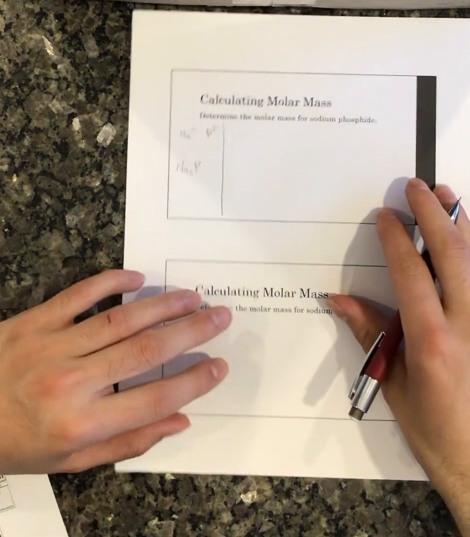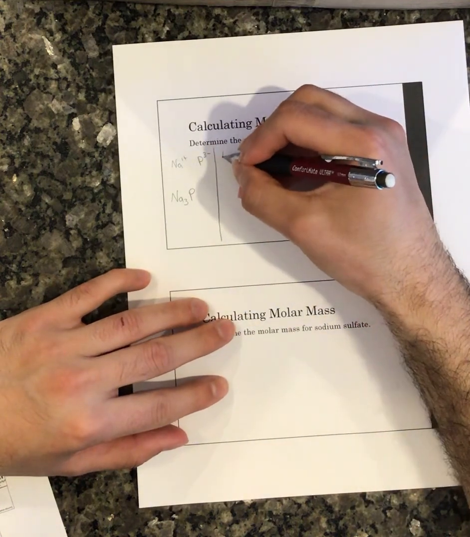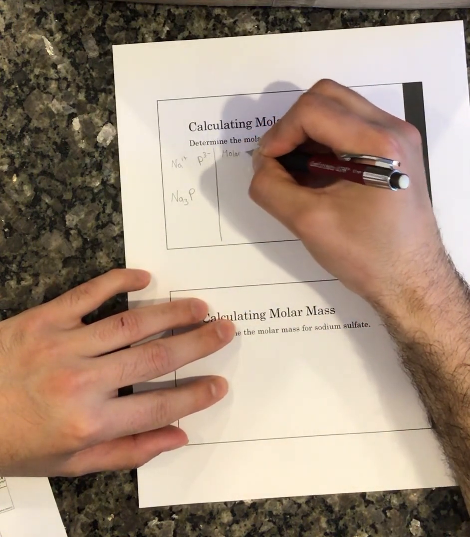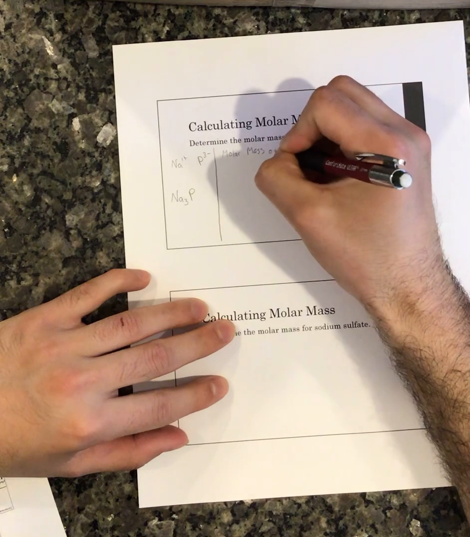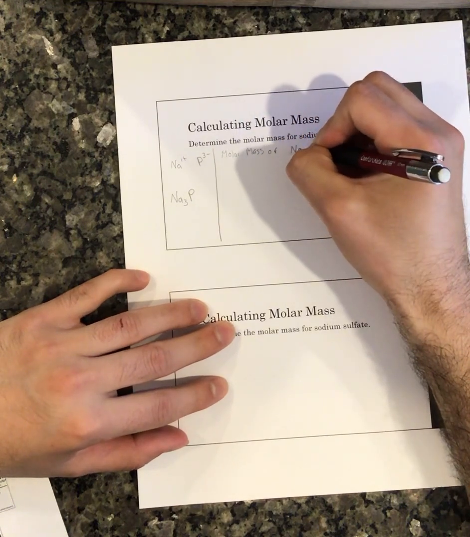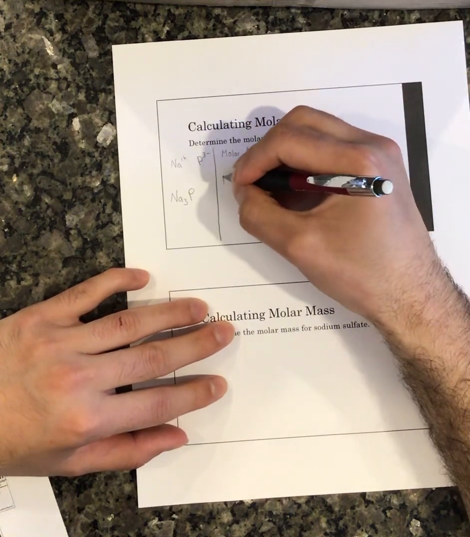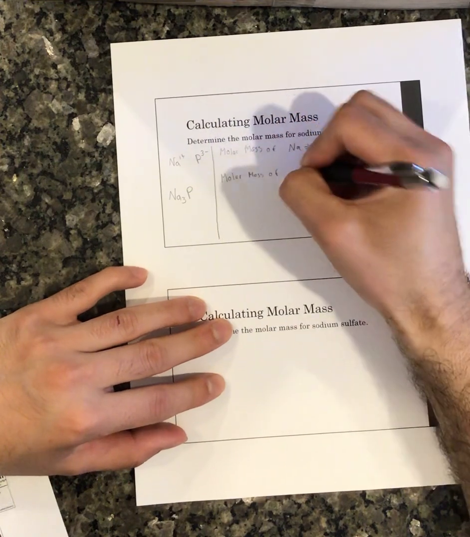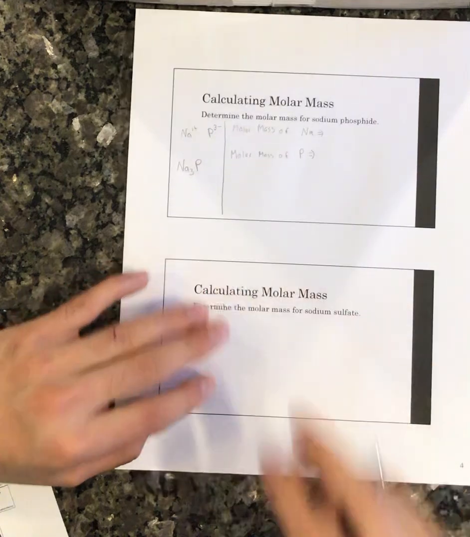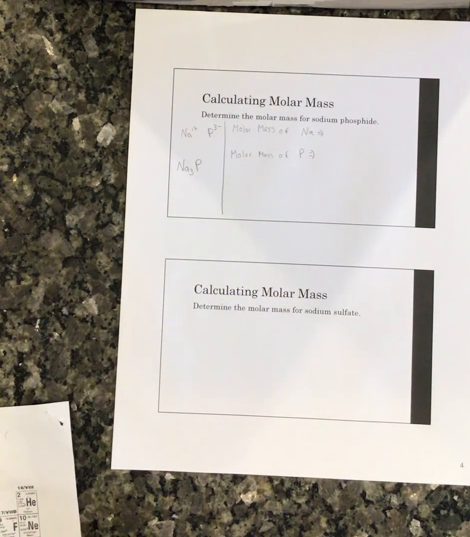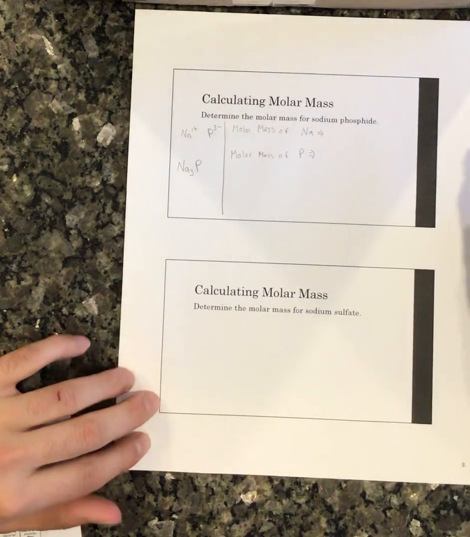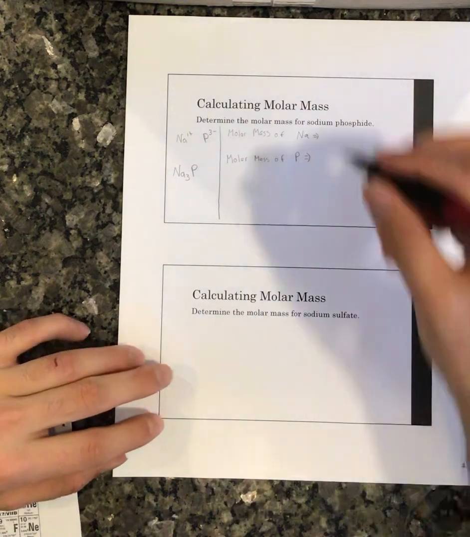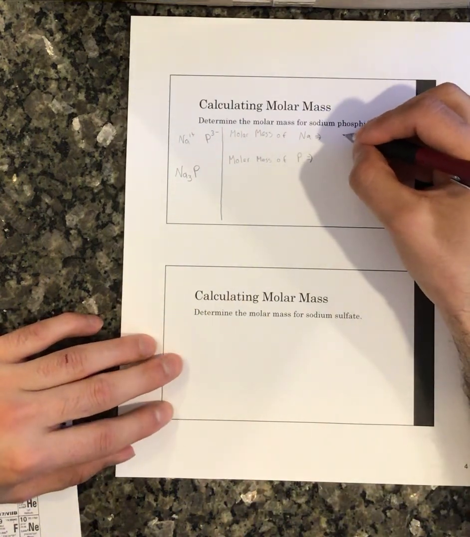Okay, so in order to do this, we need the molar mass of sodium, and we need the molar mass of phosphorus. So once again, going into our periodic table, sodium, I got 22.99.